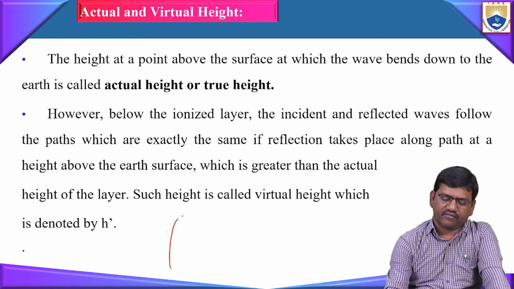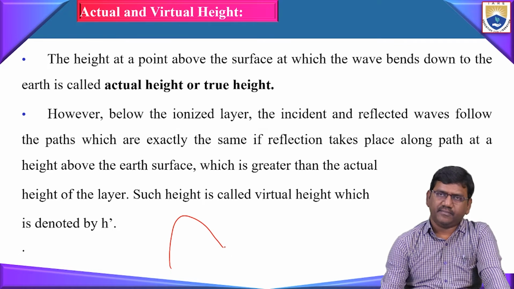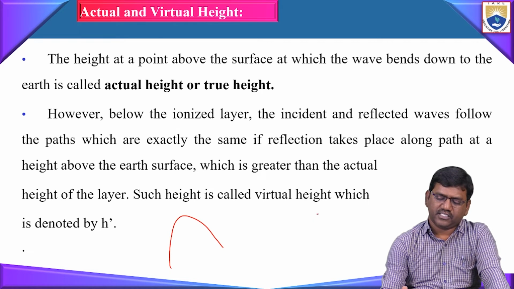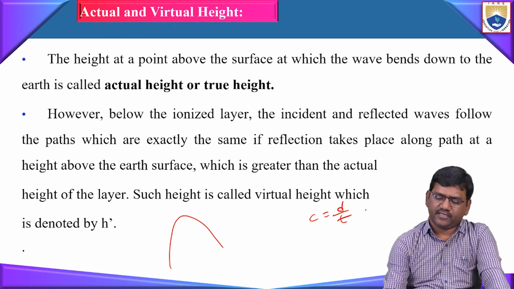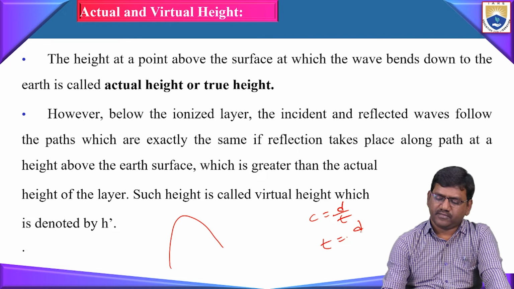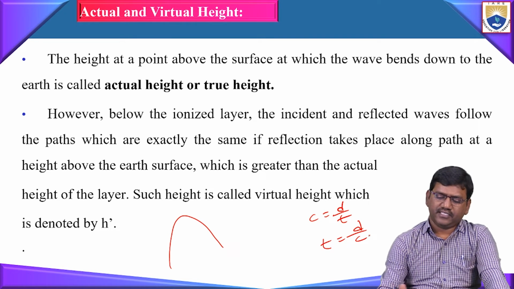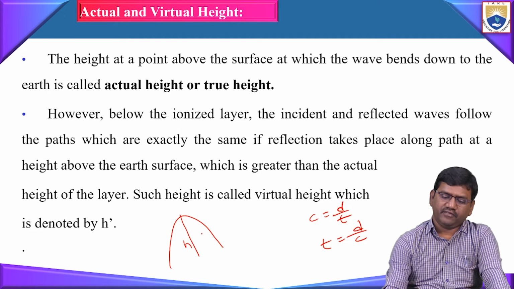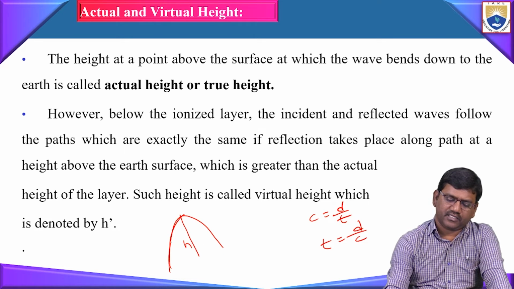So here the wave is traveling. What is the time taken by the path? We know that speed is equal to distance by time, so time is equal to distance by velocity. Here the distance is nothing but 2h. Why? Because the wave is traveling in two different paths, this is one path and this is another path, so this is 1 and this is 2.